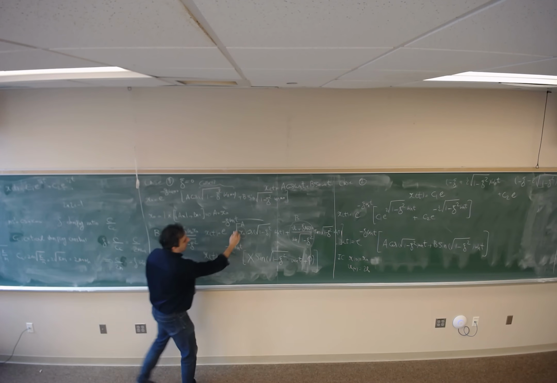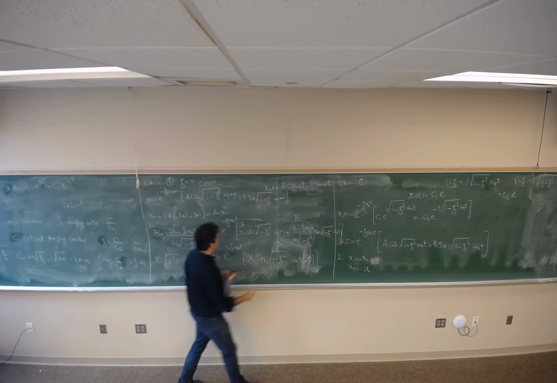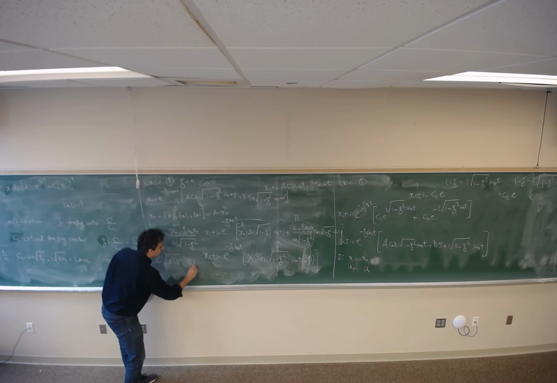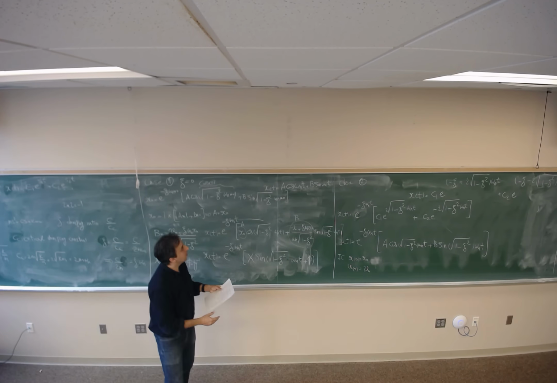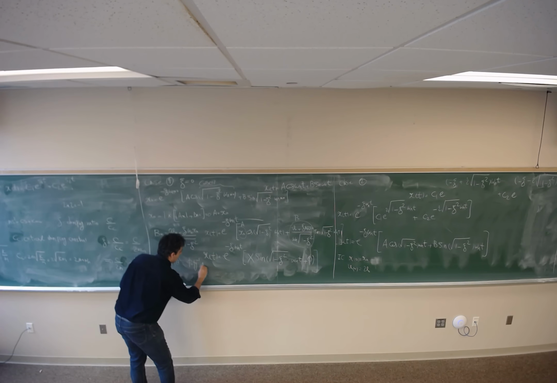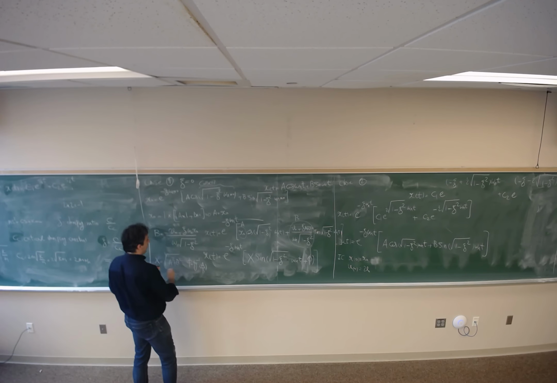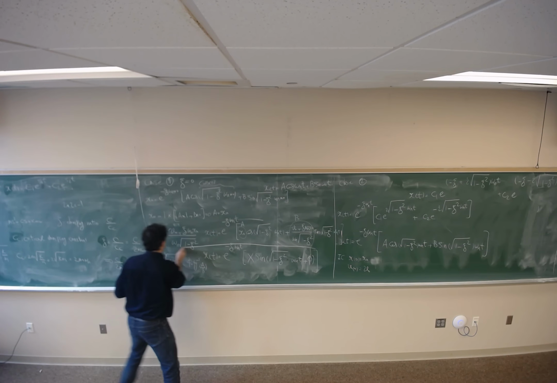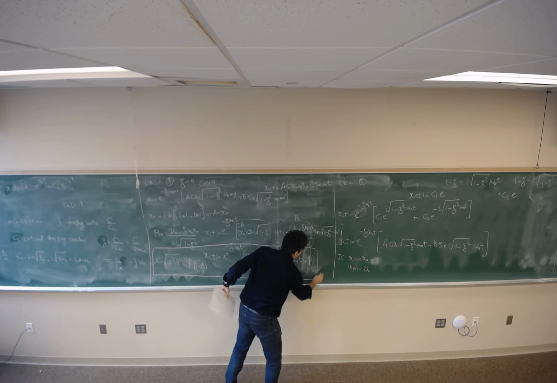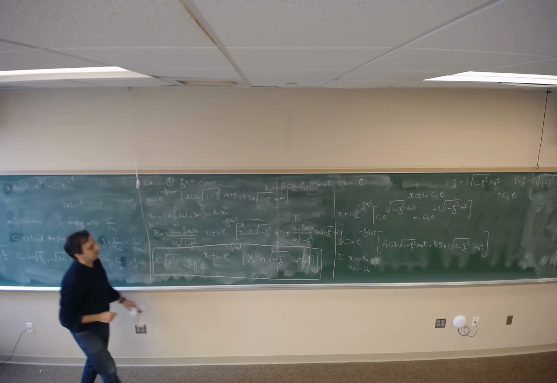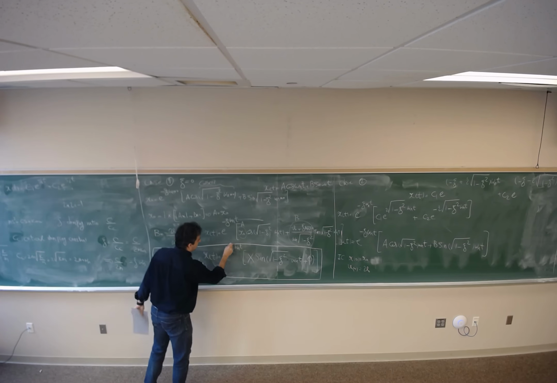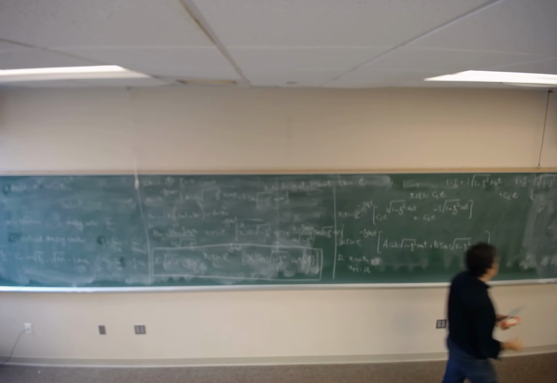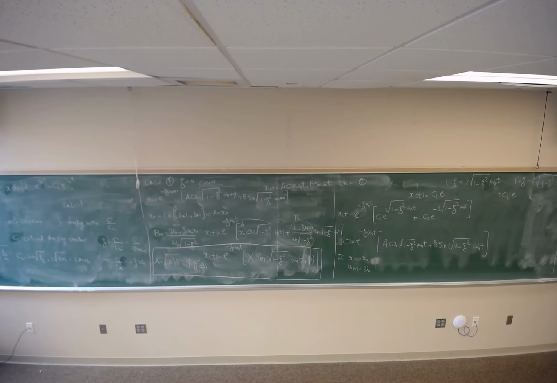This is A, this is B. And phi is tangent inverse of A over B. And this is the general solution for an underdamped system where zeta is between 0 and 1.